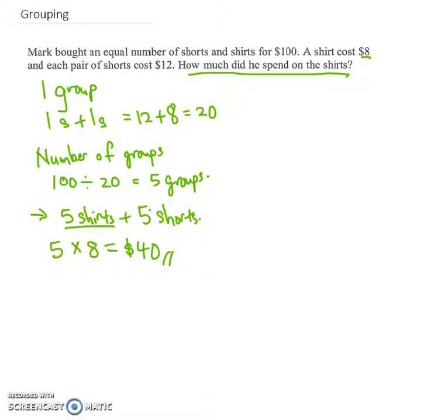So for this question, the thing that you got to take note of is you need to find one group, which is the minimum that you can create. At least he has to buy one shirt and one shorts, because they say that he bought an equal number. So the minimum is one shirt and one short, and that is $20. And you know that he spent $100.